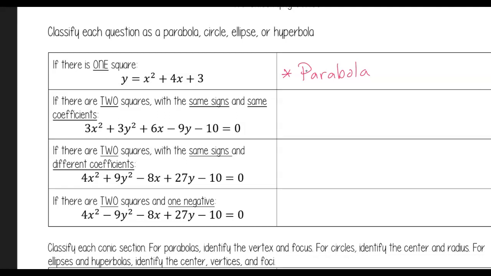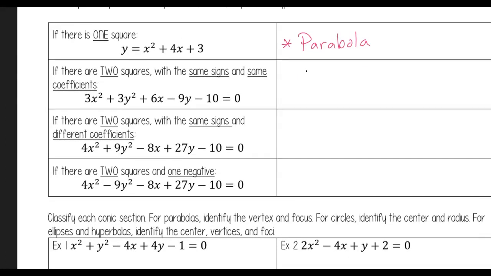All right. What about when there's 2 squares with the same sign and same coefficient? So we're looking at the squared terms. If they have the same sign and same coefficient, what are they?